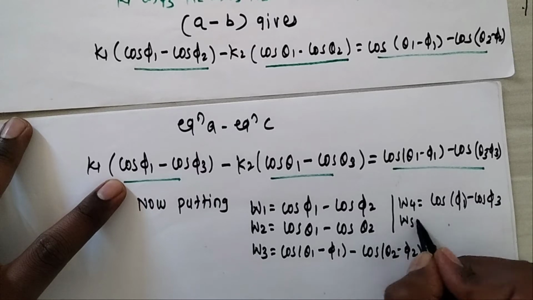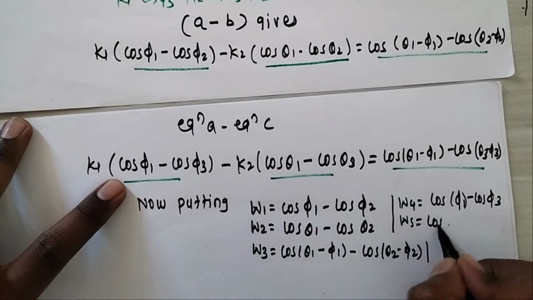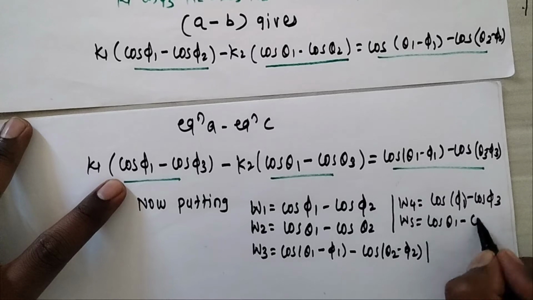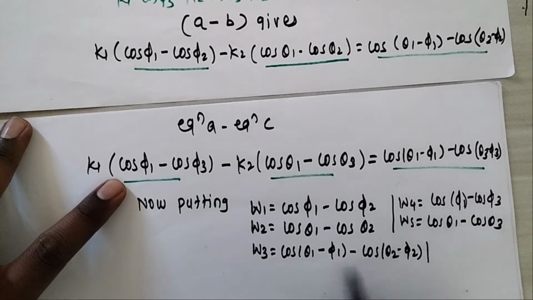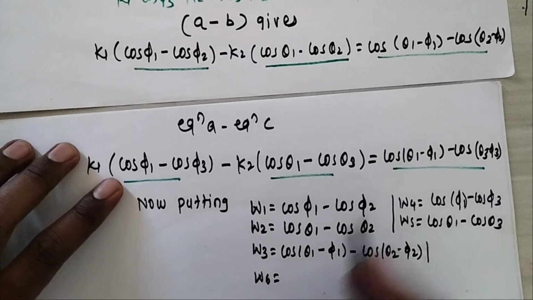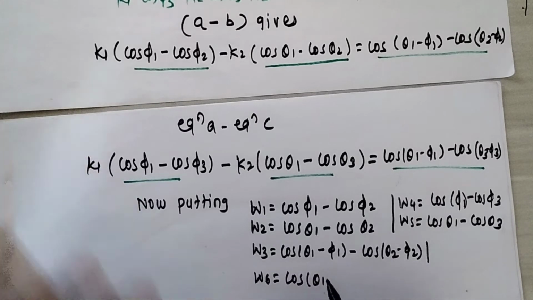W5 is cos θ1 minus cos θ3, and as there is no space, I am writing here, W6 is the right hand side of the second equation: cos(θ1 − φ1) as it is from the first equation, minus cos(θ3 − φ3).